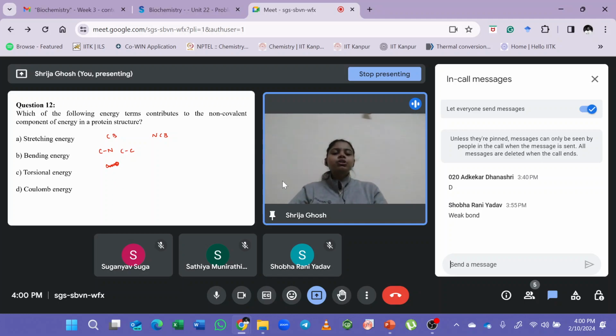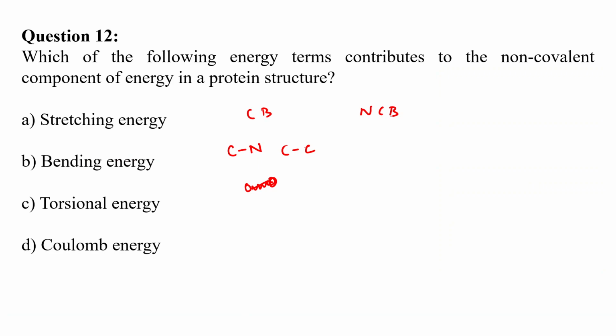Torsional energy, what do you mean by torsional energy? It means the energy during rotation of anything, where there is a torque. If I have 4 atoms, 1, 2, 3 and 4, there will be two planes in these 4 atoms. 1, 2, 3 will make one plane, and 2, 3, 4 will make a second plane, and there will be an angle between these two planes.